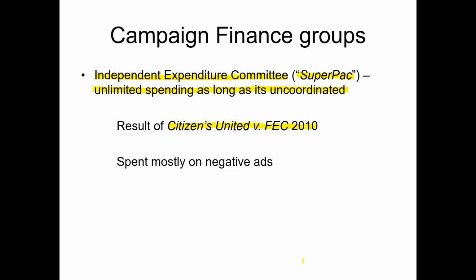And this has provided a vehicle primarily for spending on negative campaigns, which do seem to have some effectiveness on our System 1 thinking, our impressionableness, and negative ads seem to grab our attention a little bit more than others, and lots of money is spent on those.